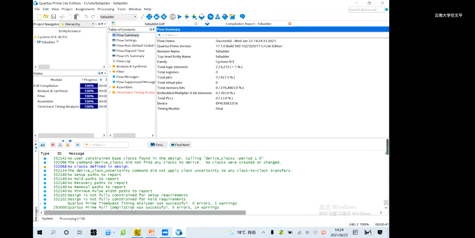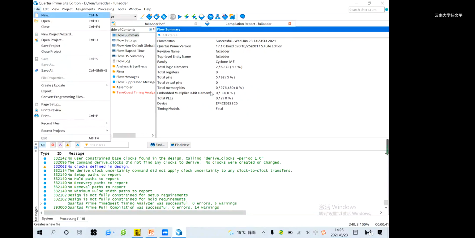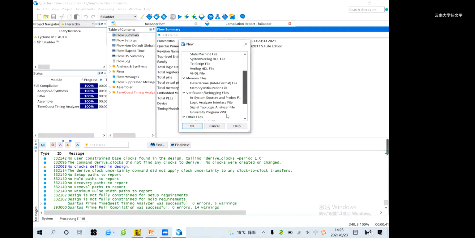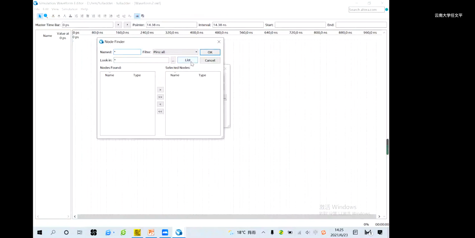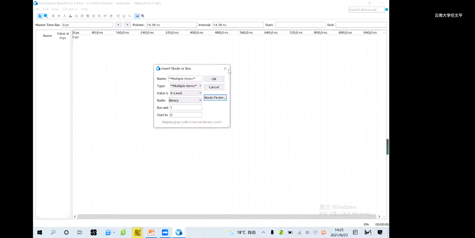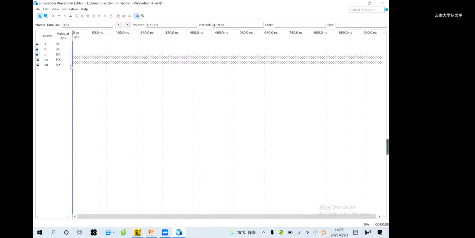The compilation was successful. In the same way, we can simulate this circuit. A, B, C are input signals. We give the value.